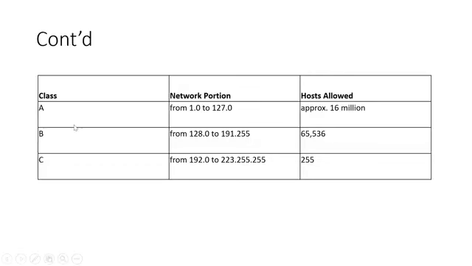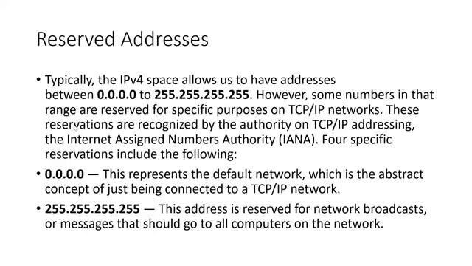All right, so now there are some addresses that are reserved. Are we okay? If you look at the IPv4 space, it allows us to use numbers between 0 and 255, but some numbers or ranges have been reserved.